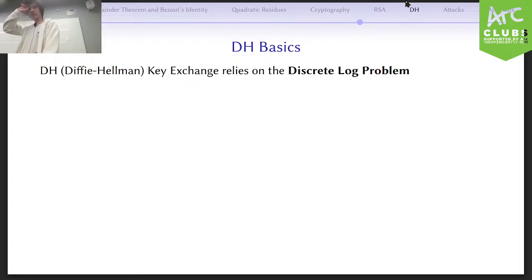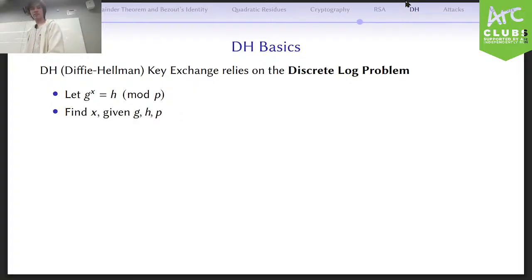Diffie-Hellman relies on the discrete logarithm problem. This is another one of those problems that are computationally hard to solve. The problem states that G to the power of x equals h mod p. So we know all the numbers here.